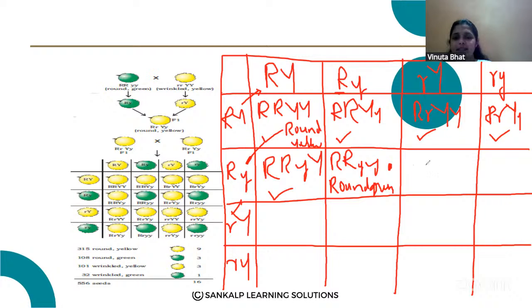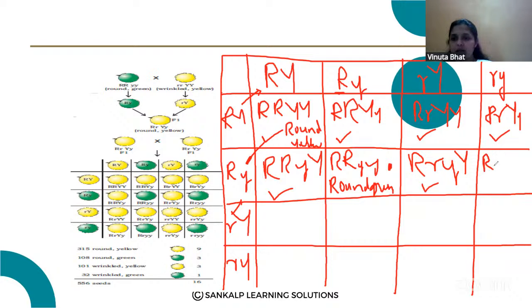Round green seeds. Okay. Then next one, capital R, small y, capital Y. This is also round yellow seeds.